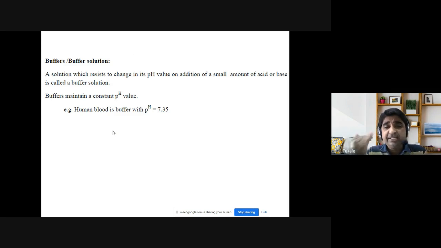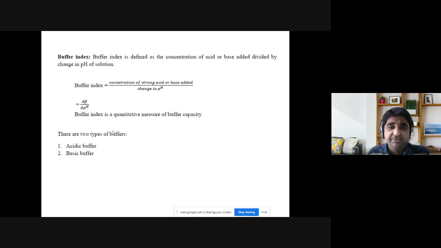If taking this food changed the pH of our blood, then all the metabolic processes taking place in our human body may get disturbed. But this doesn't happen. God has given us this buffer solution in our blood. So the pH of that buffer solution, the human blood, is 7.35.